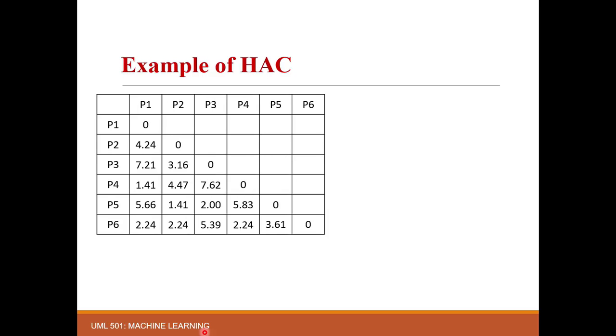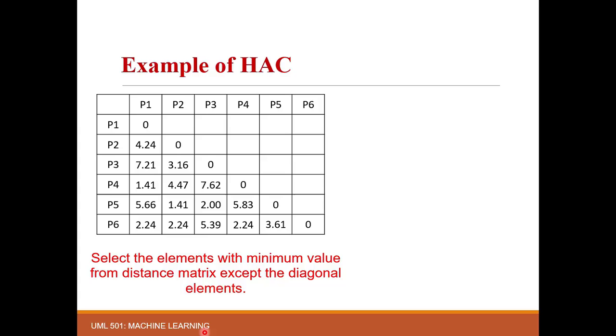After computing the distance matrix, select the cell with the minimum value in the lower triangular matrix, excluding the diagonal elements. Means you have to select the minimum element from the lower triangular matrix, and you don't have to consider the diagonal elements.